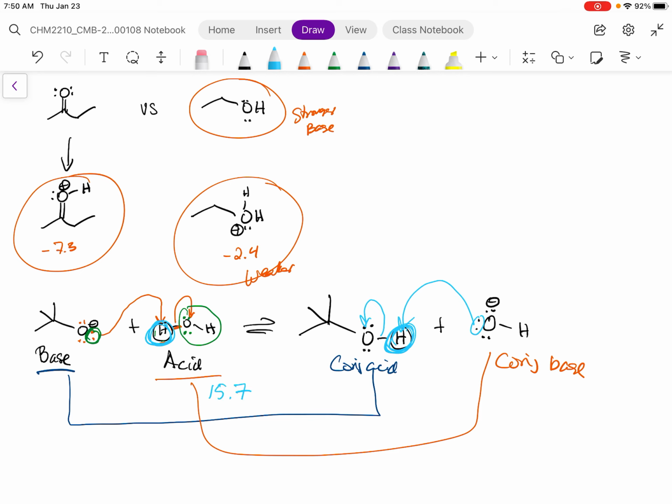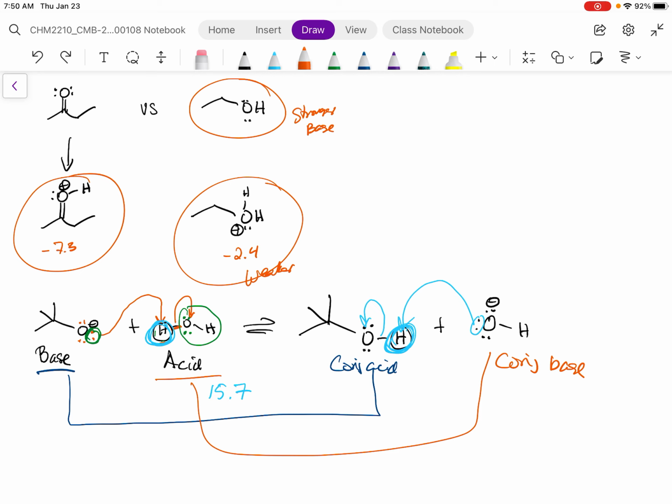And then, do I have a pKa for this species? No, that's a base. I said a pKa, which stands for acid. So what's the pKa of this alcohol right there? I told you 16-ish would be the average, 15 to 16. Okay, it's a range, it doesn't matter.